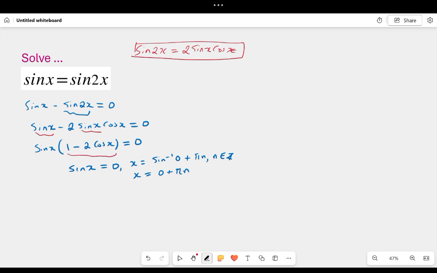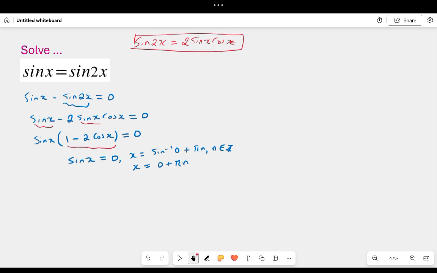So this is simply going to be 1 minus 2 cosine x is equal to 0. Now we are going to have 2 cosine x is equal to 1, divided by 2 on both sides. Then cos x is equal to 1 over 2, and we are going to get the solution for x.